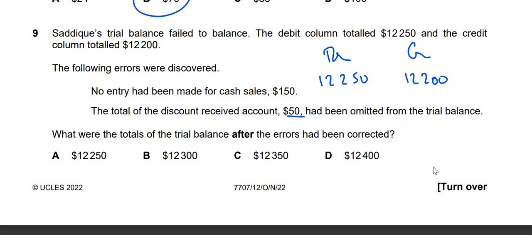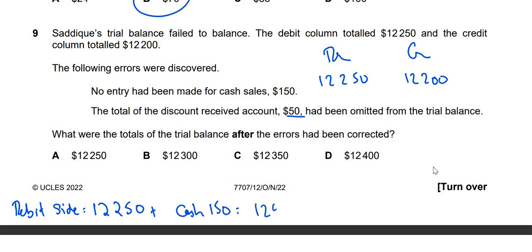So look, debit side is how much? In order to find the debit side, we will do debit. Debit side is going to be 12,250 plus cash, which is 150. So debit side is 12,400. Credit side is going to be how much?